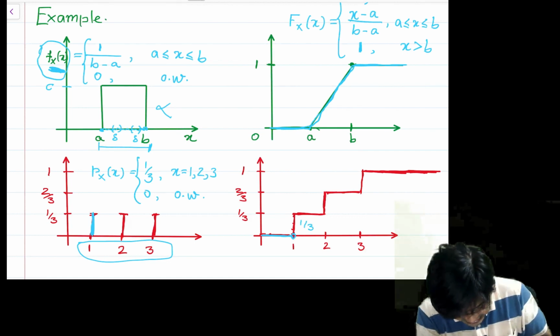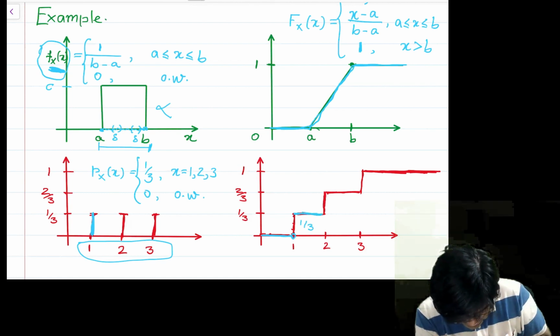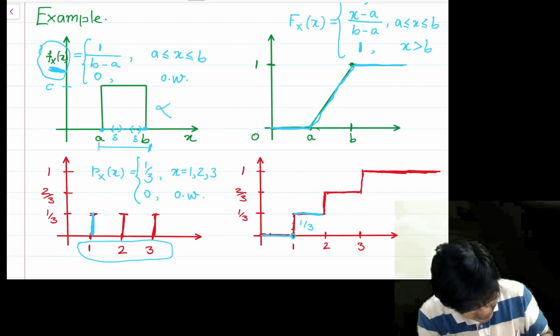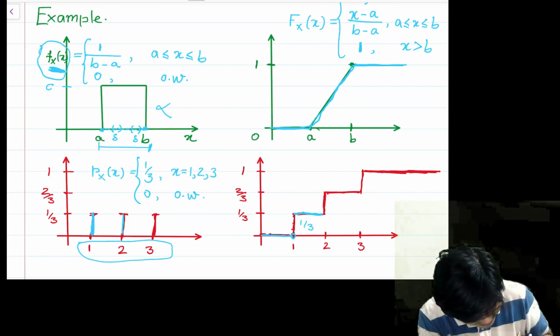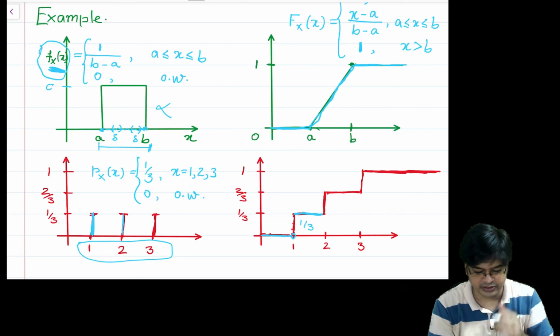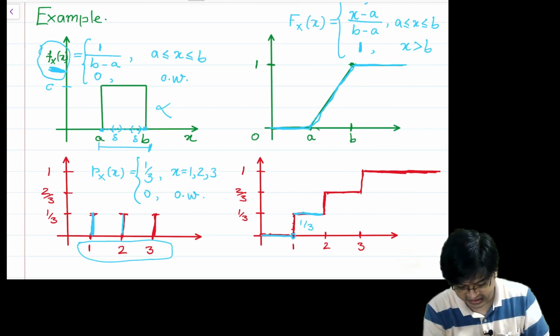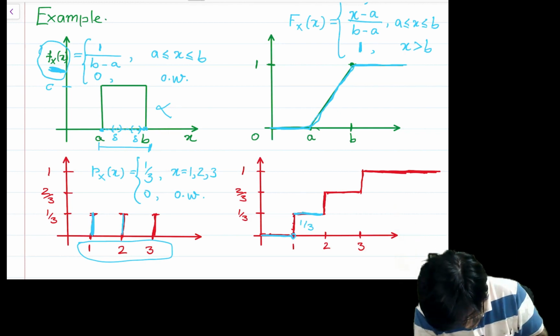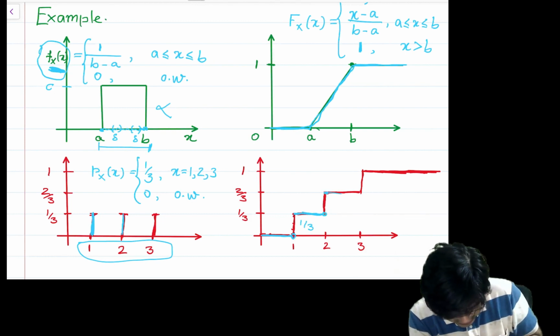At 1 suddenly this function jumps, and then at 2 what happens? There is another jump of size 1 by 3, but we are looking at probability of X less than or equal to x, so I will add to that jump. So at 2 you will not have a point here, but your point will start from here, right?